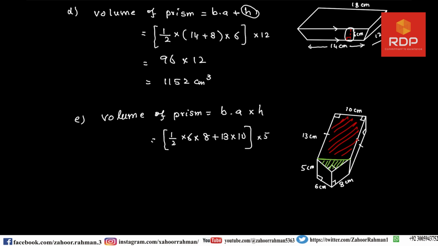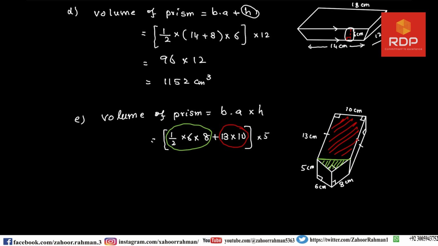This is the rectangle which I encircle in red, and this is the triangle which I encircle in green, so that you understand that 6 and 8 is the triangle.